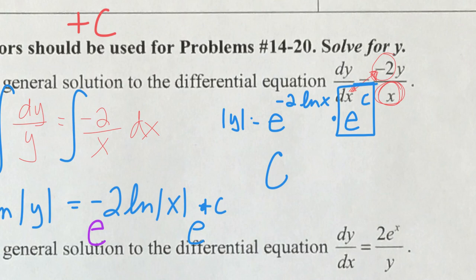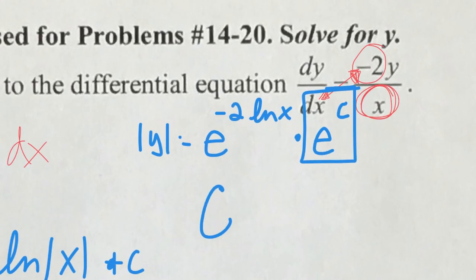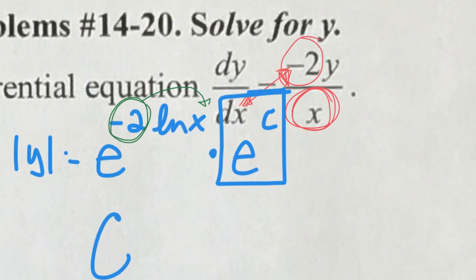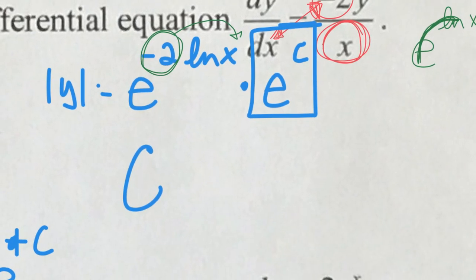And I'm going to spend a little time doing a special natural log property, and that is bringing this to the power of your argument. Okay, so I'm going to take this and make it e to the natural log of x to the negative 2 power. And that's handy because e raised to the natural log just cancels itself out. I don't have to worry about that anymore. So that's c times x to the negative 2 power.